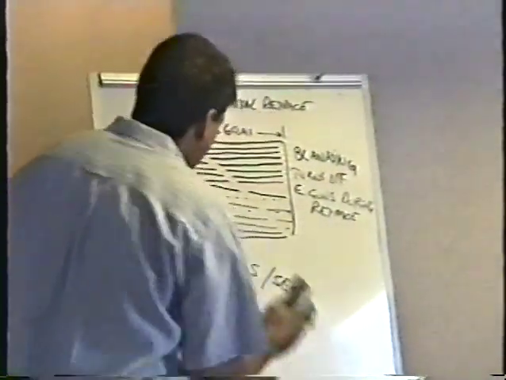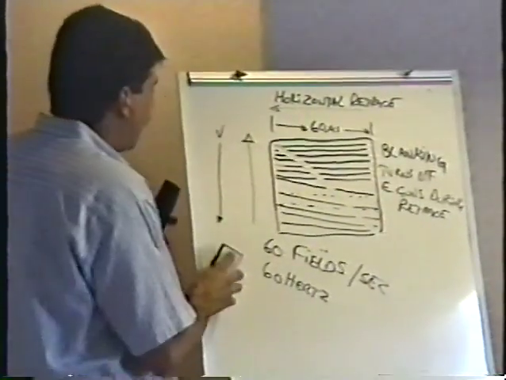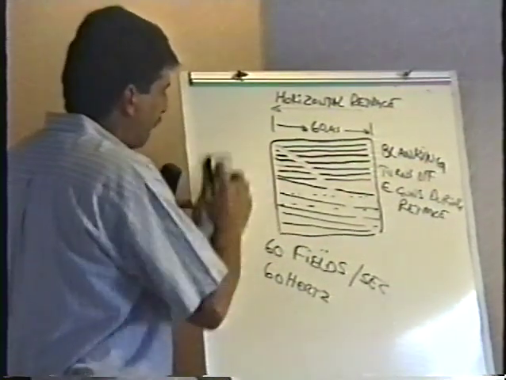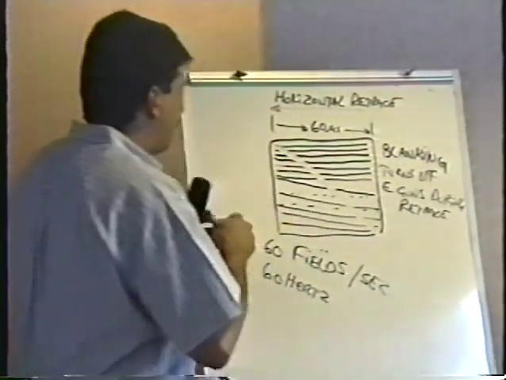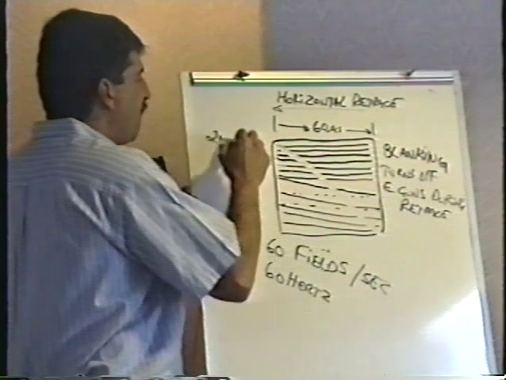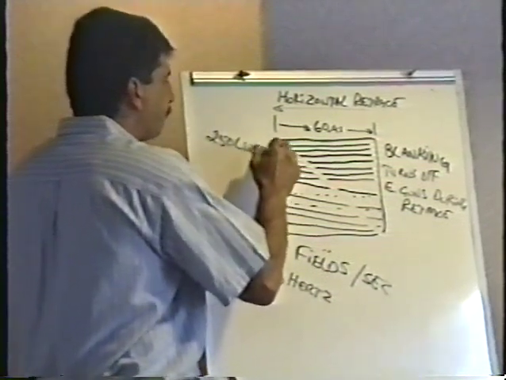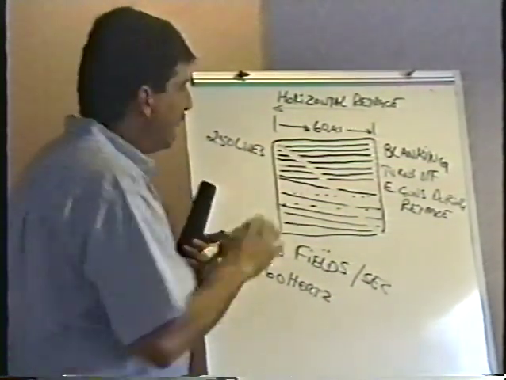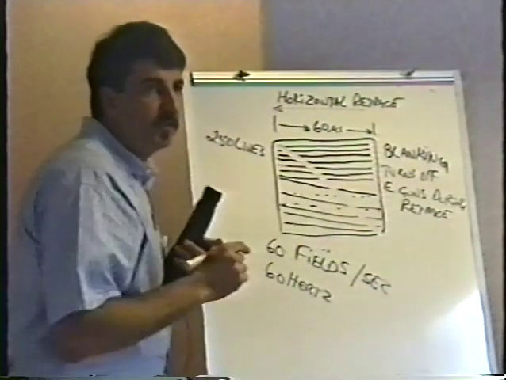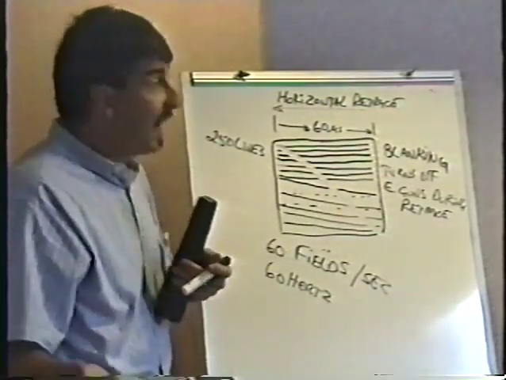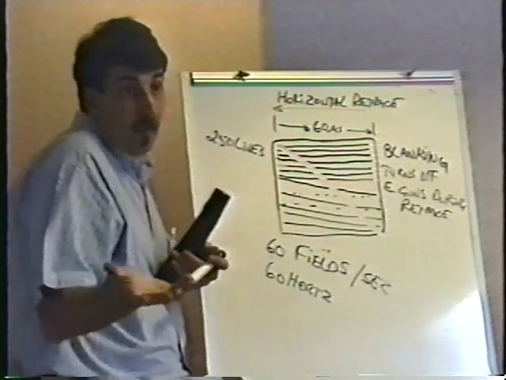Now, your average video game picture is made up of approximately 250 individual lines, raster lines. Hopefully that doesn't surprise any of you, that a picture is made of a bunch of horizontal lines.